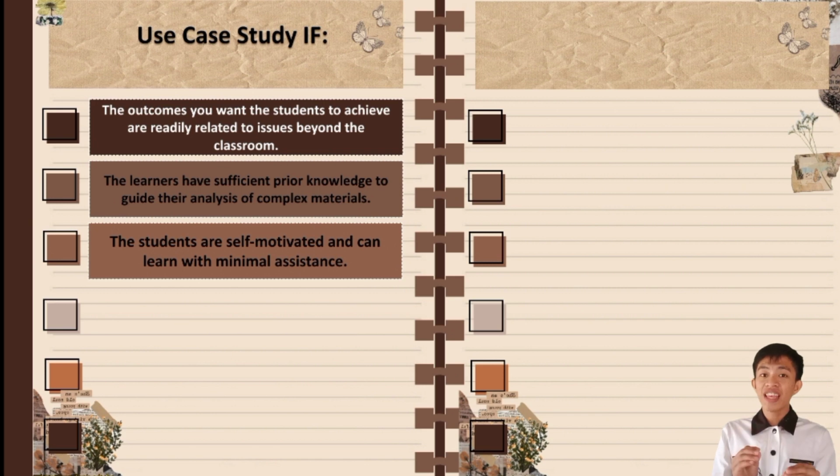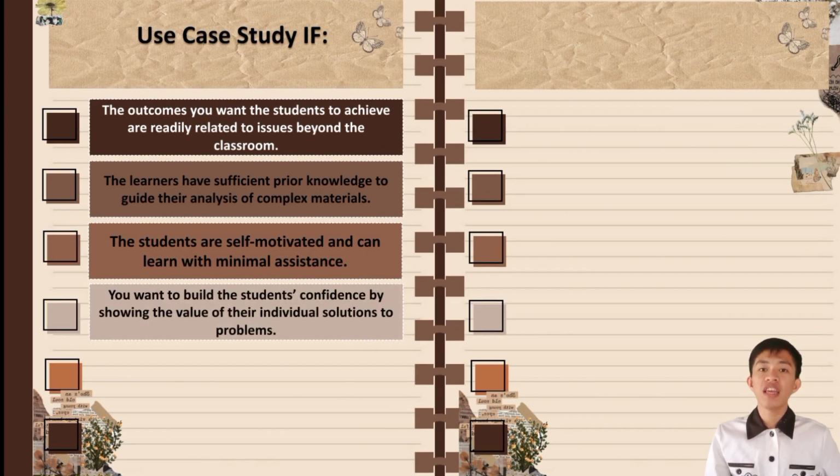Because if they are not motivated, you cannot let the progress of learning prosper day by day. So you have to create some activities or inspirational stories that would inspire them and motivate them to learn, especially in the case study.